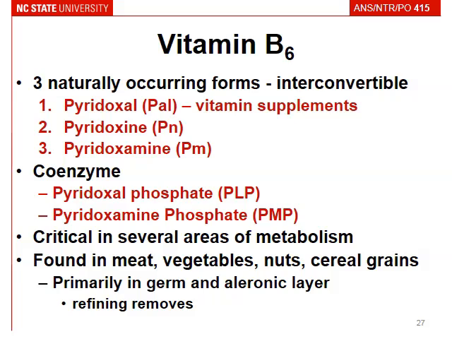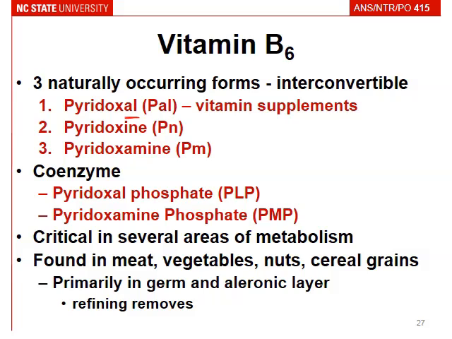So the first one is pyridoxal, which is abbreviated PAL. So knowing your organic chemistry nomenclature, the -al is the aldehyde form. And this is the form that's going to be primarily found within your vitamin supplements. And then we have pyridoxine, which is abbreviated as PN, and pyridoxamine.